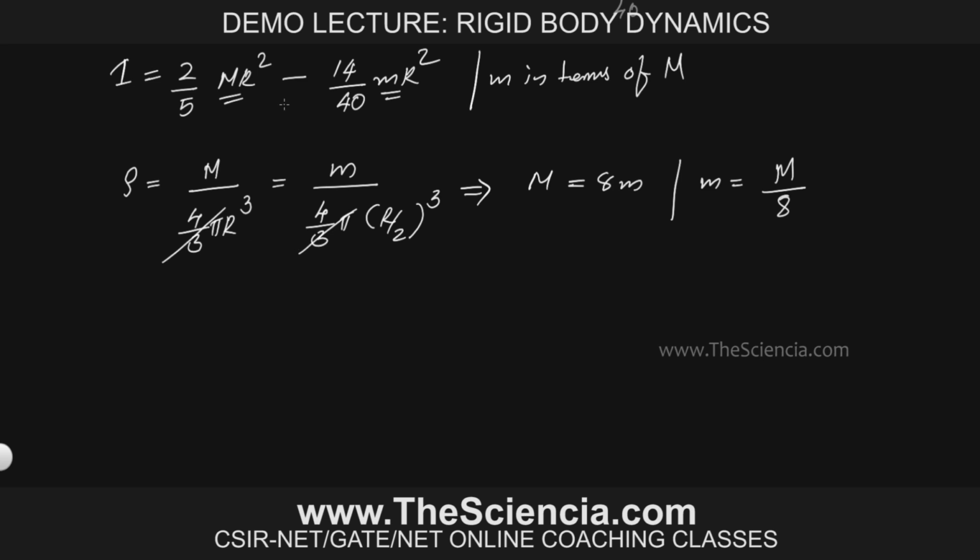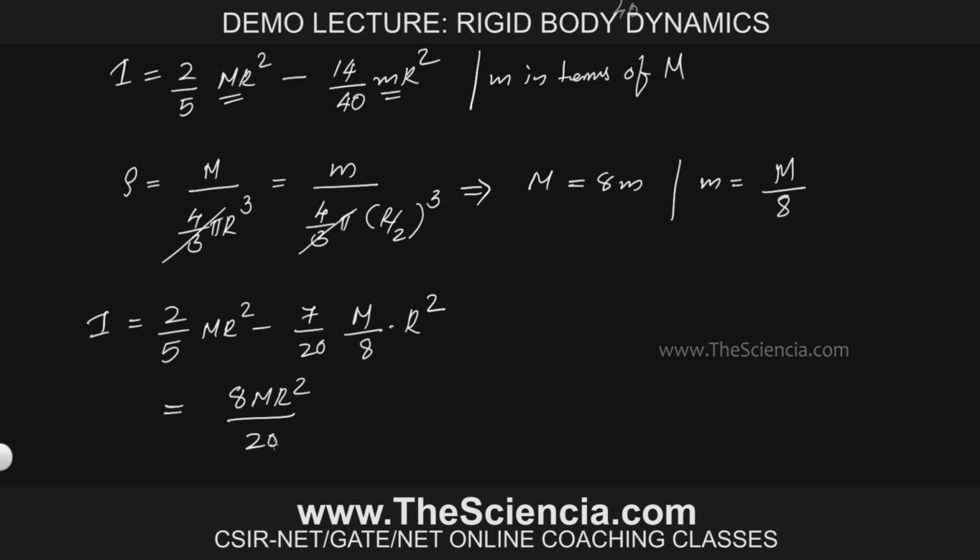Now we can substitute this small m value, that is I equal to 2 by 5 M R square minus 14 by 40, that is 7 by 20, small m is capital M by 8, into R square. To solve this problem, I am multiplying the first term by 4 in the numerator and the denominator. So what I get is 8 M R square by 20 minus 7 by 20 M by 8 R square.